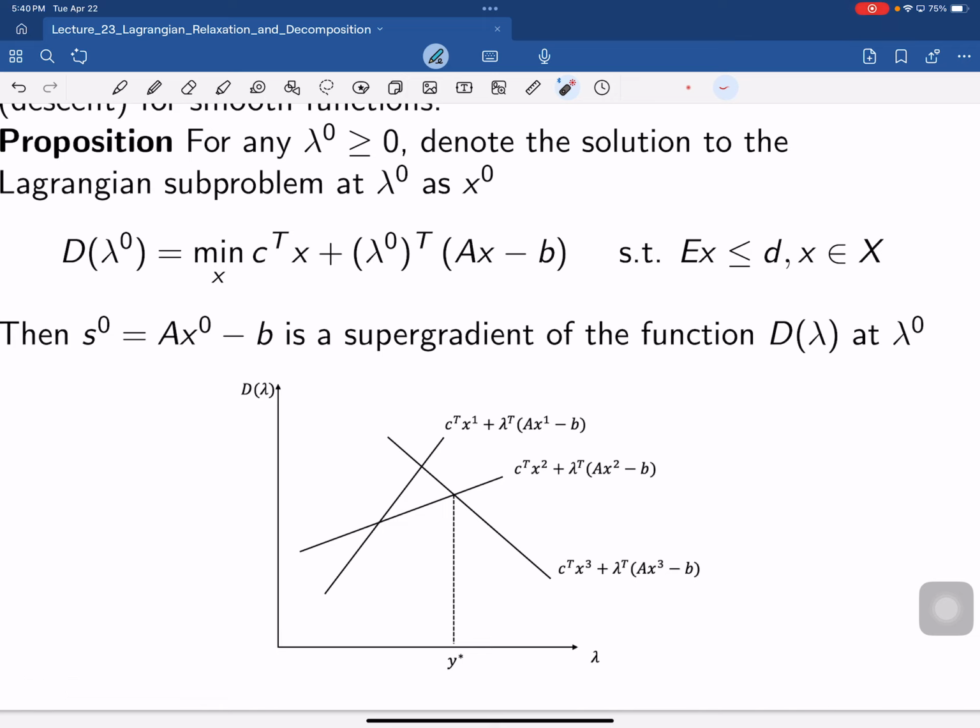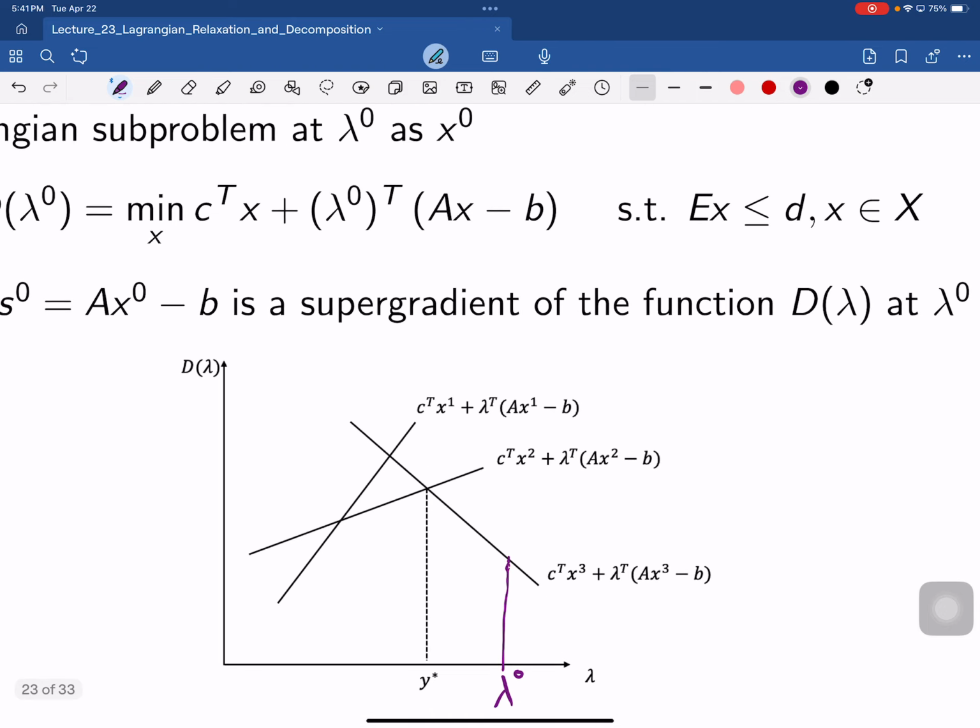Now, let's pick a given point. Let's assume this is a d lambda function, which is defined by the minimization of 3 linear functions. Now, if I pick a point, let's call it lambda 0, what is the subgradient or gradient at this point lambda 0, using the notation I have in this figure?